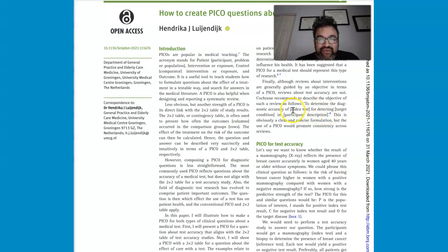So what you can do is write the description of the review for any intervention by filling in some of these blanks and putting in whatever the index test is, whatever the participant description is, and whatnot.